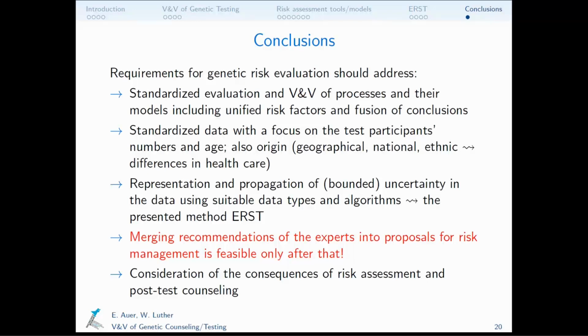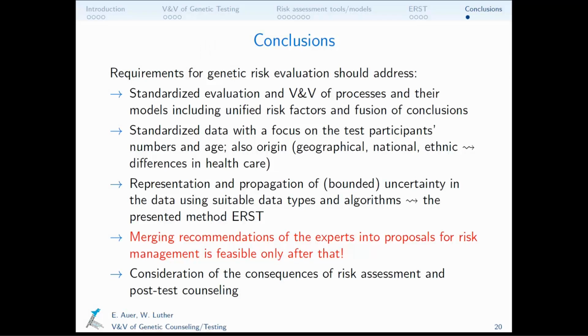This should include unifying risk factors across different tools and also the fusion of conclusions from these tools. The next point is that the data should also be standardized with a focus on the test participant numbers and age. An important factor is also the origin of a participant, including such aspects as the geographical, national, and ethnic aspect.